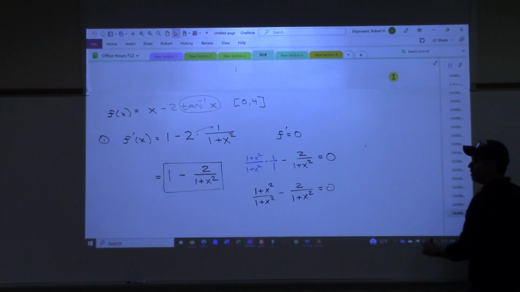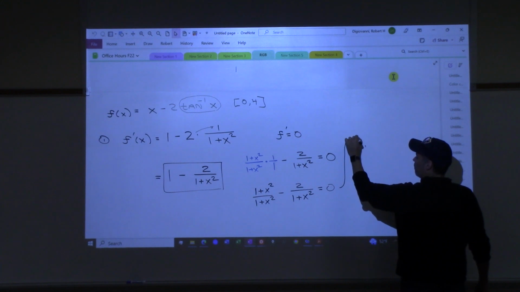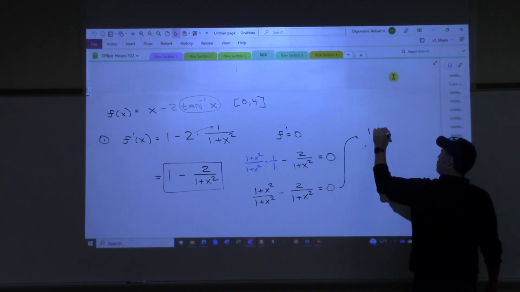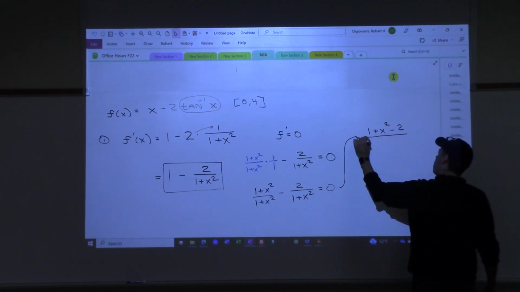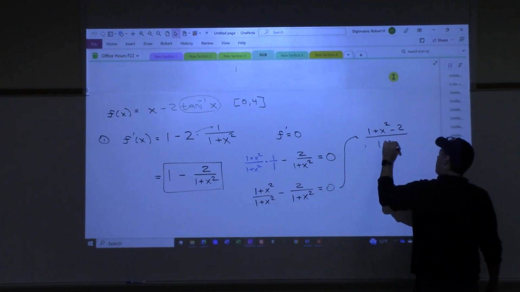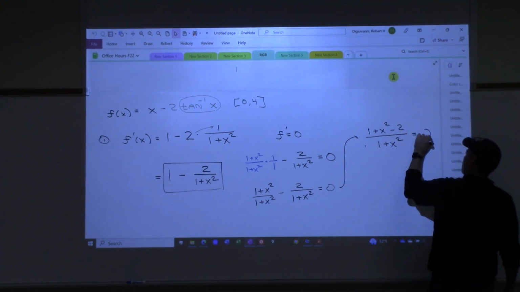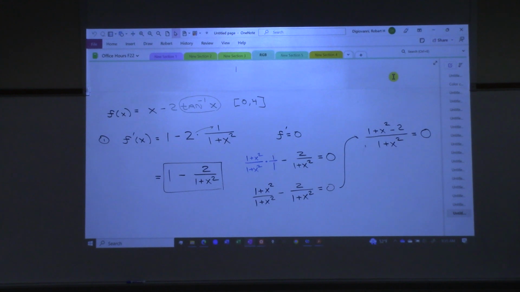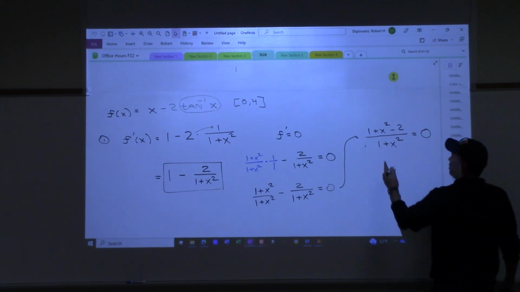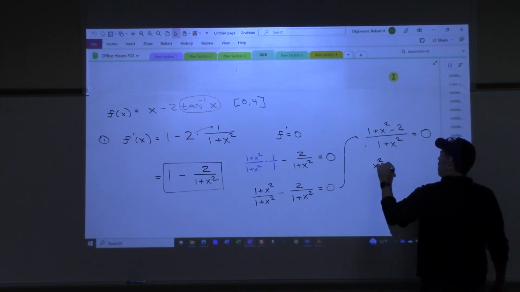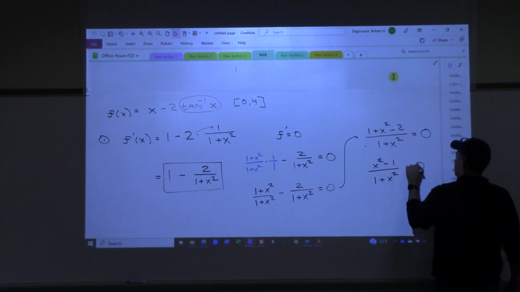Then I put them together: 1 plus x squared take away 2, all over the common denominator 1 plus x squared, equals 0. And 1 minus 2 is negative 1, so I get x squared minus 1 on top, and 1 plus x squared on the bottom.